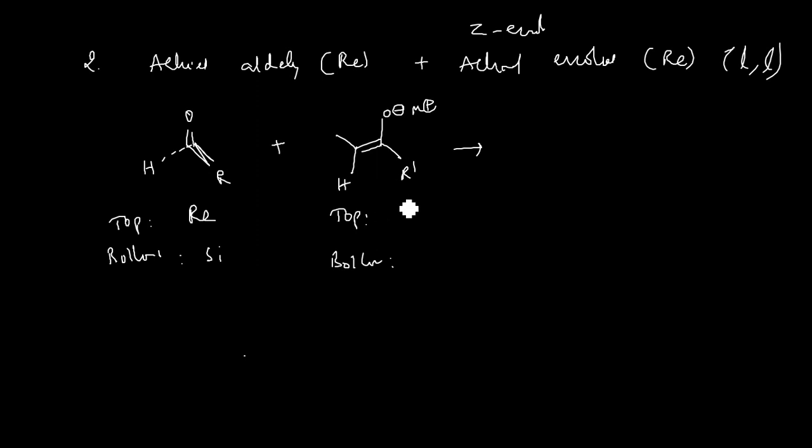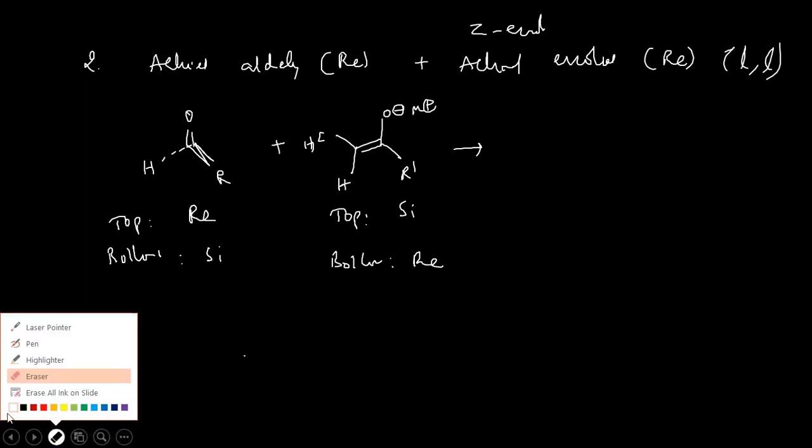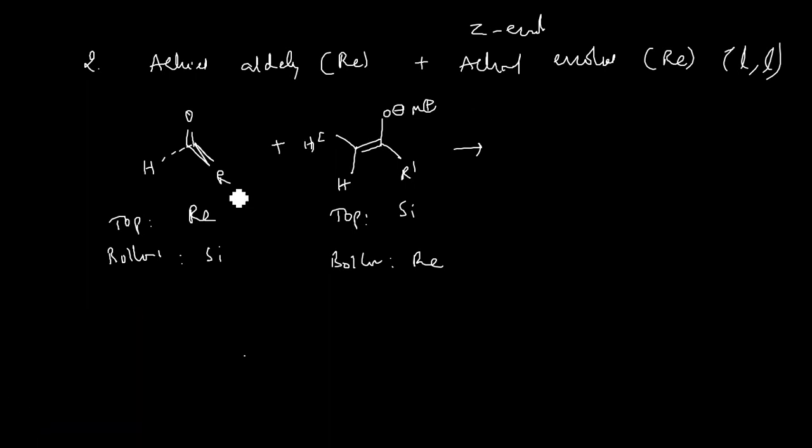Whereas in the case of the enolate, this sp2 is responsible for the formation of the C-C bond, so here the top face is Si face and the bottom face is Re face. So the interaction of this Re face of the enolate with the top face of the aldehyde takes place here.